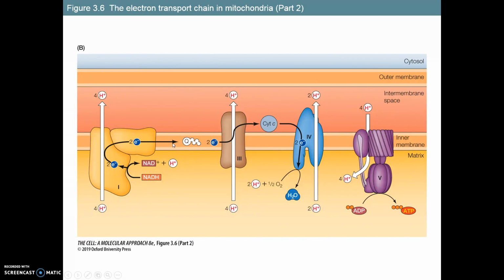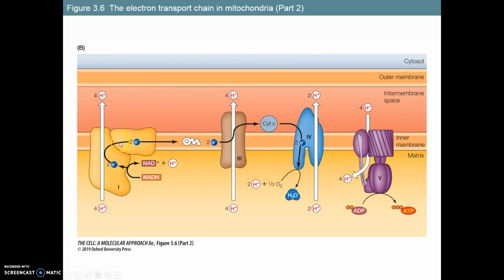Now, when we look at the electron transport chain, there are various components, and we refer to them as various complexes because none of these are single proteins. They're actually large complexes of several proteins working together.